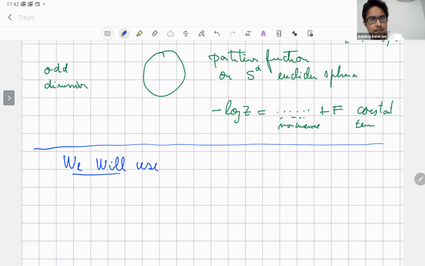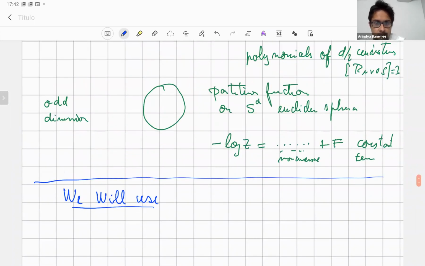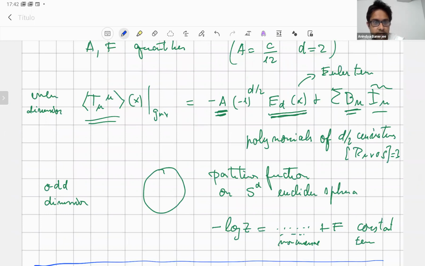Can I ask you a question? Yes. So in even dimensions, it seems like you're working with the coefficients of the trace anomaly polynomial. In odd dimensions, what is the physical intuition behind using the partition function on a sphere? Well, in fact, you can see that there is a very different thing.